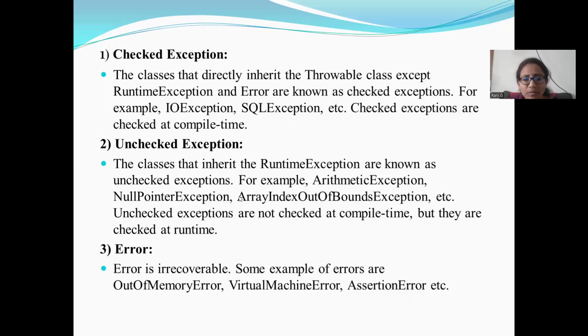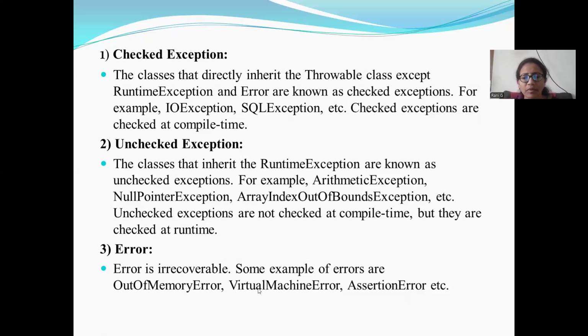When these types of exceptions occur, the normal flow of execution will stop. To handle that normal flow of execution in the program, we use the exception handling concept. These can be checked at runtime. How will we handle these exceptions? We'll see in further sessions.